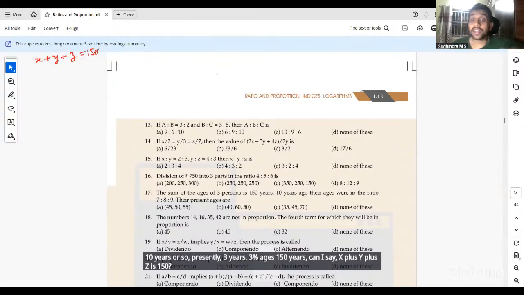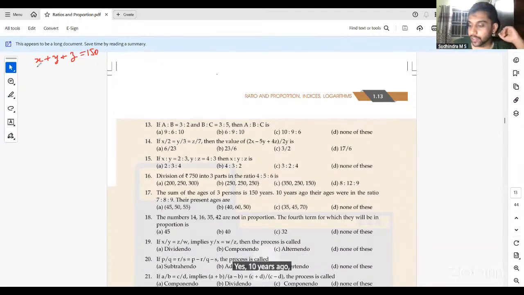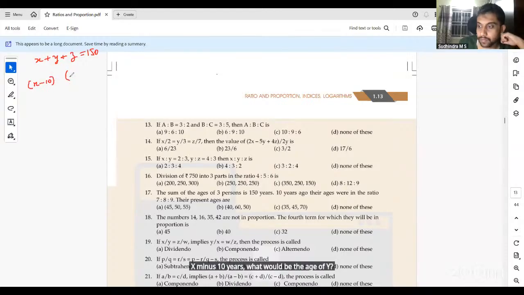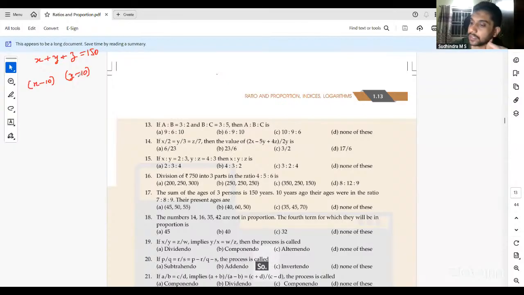Yes, sir. 10 years ago, what would be the age of x? X minus 10. What would be the age of y? Y minus 10. And age of z? Z minus 10.